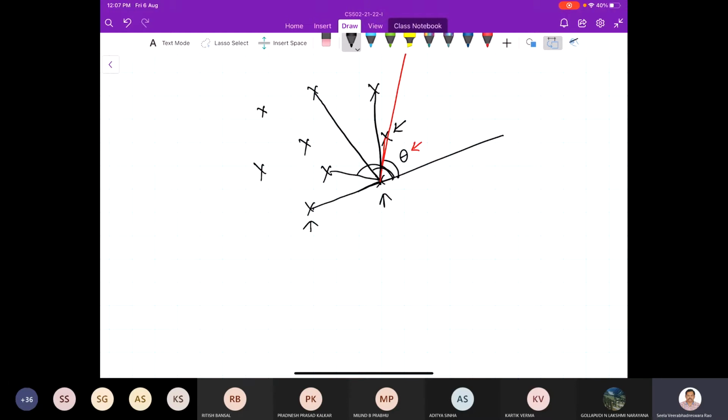Each angle can be computed in constant time, so finding all the angles takes linear time, and taking the minimum also takes linear time. So in linear time you can find the next edge. In the worst case, all the vertices may be on the convex hull, which means there can be at most n extreme edges. So we have to repeat this for each and every edge, so the worst case time complexity is O(n squared).